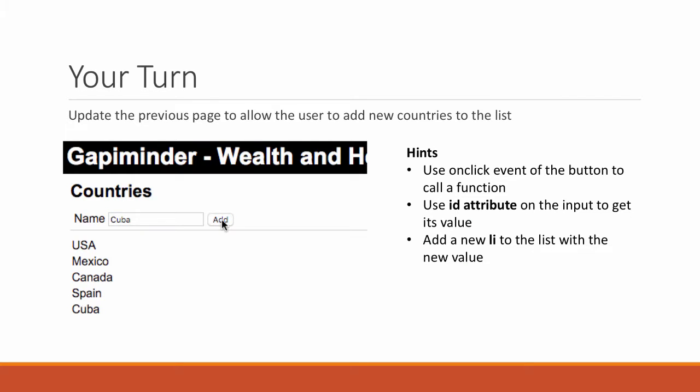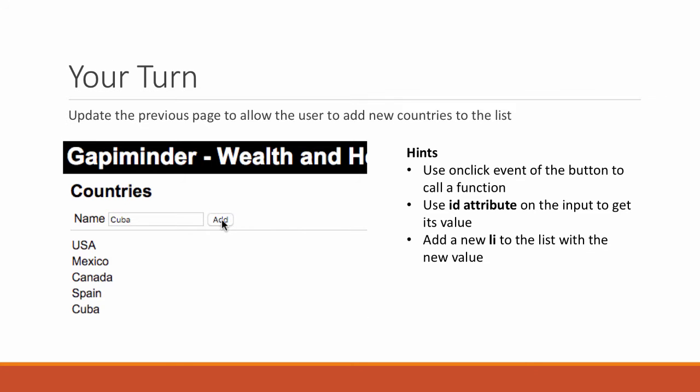Okay, now that we understand JavaScript, we are able to come back to our previous exercise and make the add button works. So that's what I want you to do. I want you to allow the user to type some country name, click in the add button, and this country will show in the list, as you can see here in the animation. Things that are important.